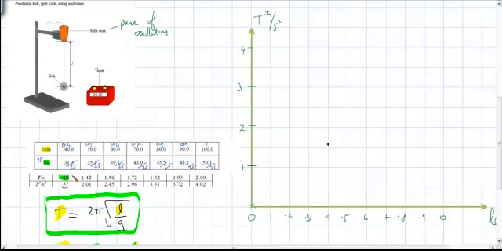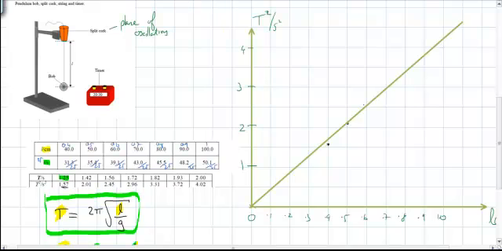The next point is 0.5 and 2.01, so that'll be somewhere about there. And if I just join those 2 points, we'll be able to see. Now you should do all the points first. All the rest of the points will end up close to this line here.